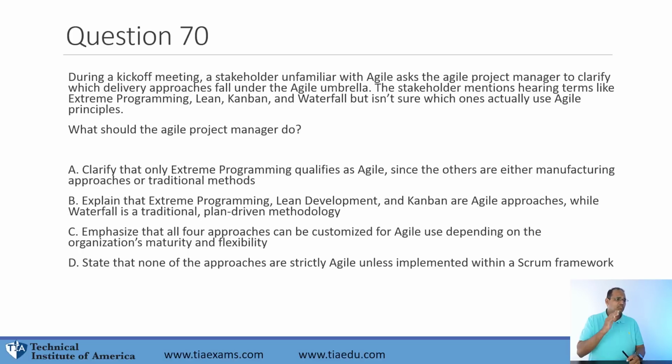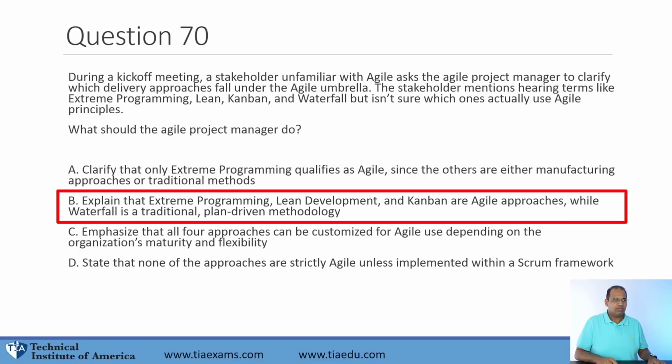Clarify that only extreme programming qualifies as Agile, since the others are either manufacturing or traditional. Explain that extreme programming, lean development, and Kanban are Agile, while waterfall is traditional and plan-driven. Emphasize that all four approaches can be customized for Agile use depending on the organization. State that none of the approaches are strictly Agile unless implemented within a Scrum framework.